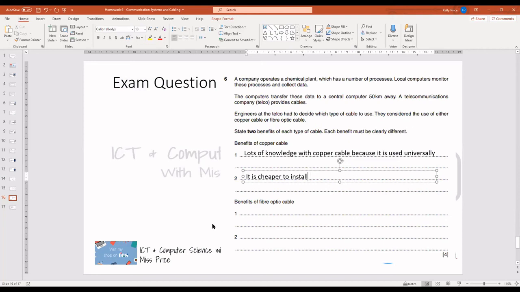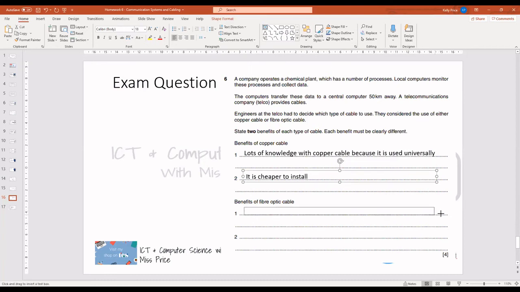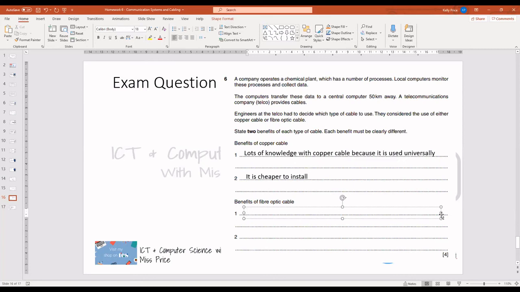Okay, right, now the benefits to fibre optic cable. Now, benefits of fibre optic cable is much higher bandwidth. Okay. No, I'm going to change my mind.